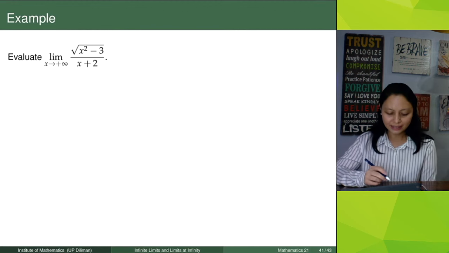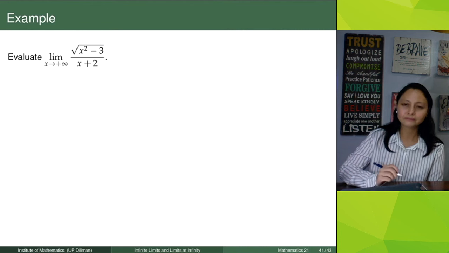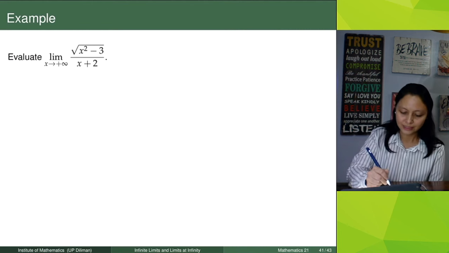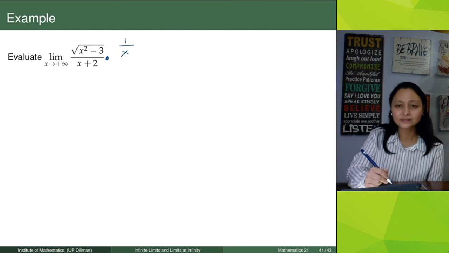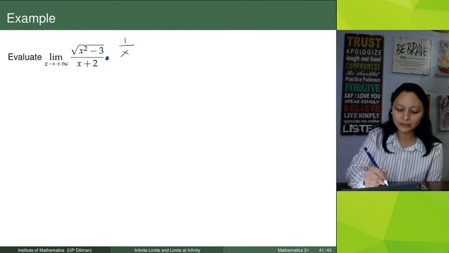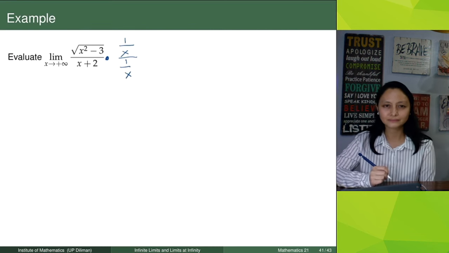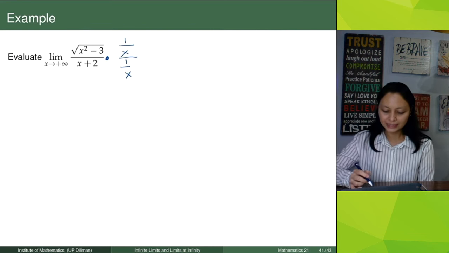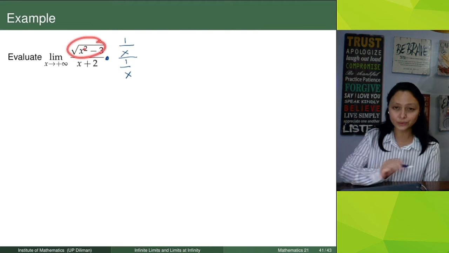It's an indeterminate form, so we multiply by, technically, 1 over x raised to the highest exponent of x in the denominator, which is 1 over x. But our problem is that we have a square root.